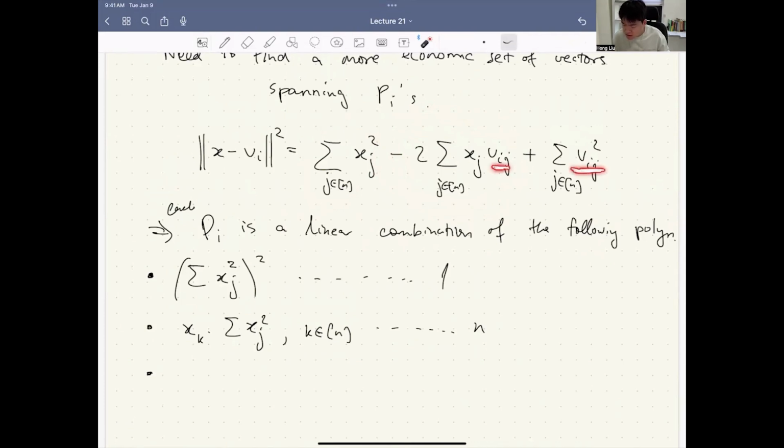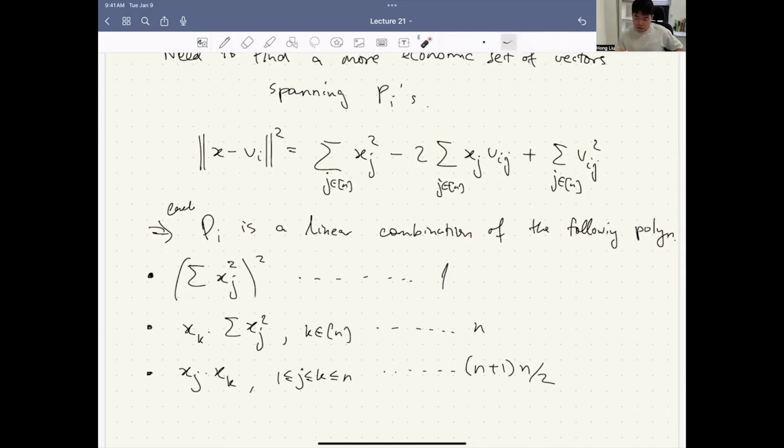So this times itself is basically x_j x_k, where j is less than k, and the number of such things is n plus 1 times n over 2.